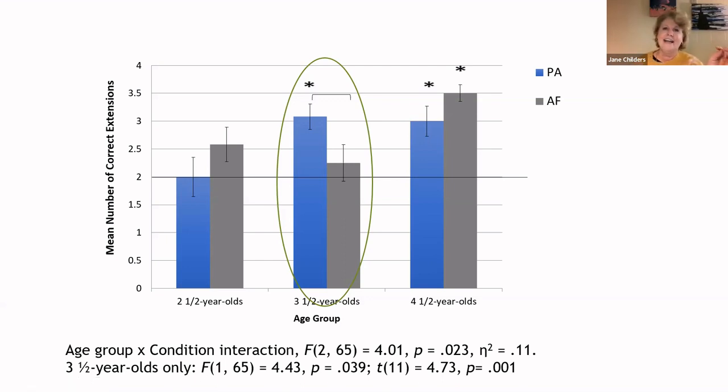So children at both 2.5 and 3.5 benefited from progressive alignment, but in different ways. Now these 3.5-year-olds can only extend the verb in the progressive alignment condition. They can't do it when it's all varied, all far, all different events. They're not able to compare those at 3.5.